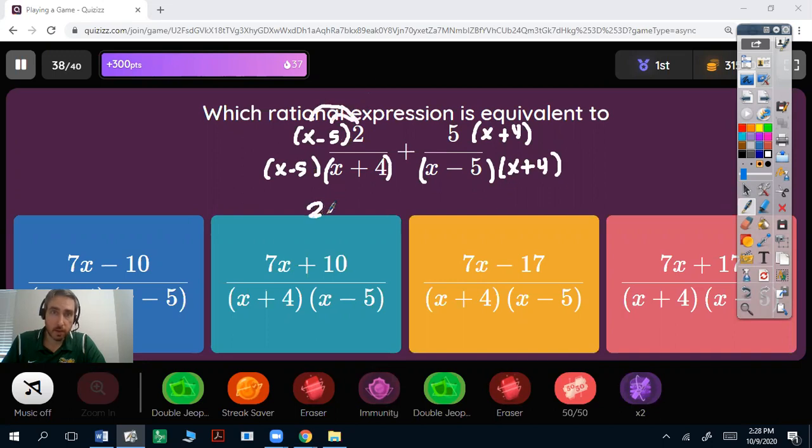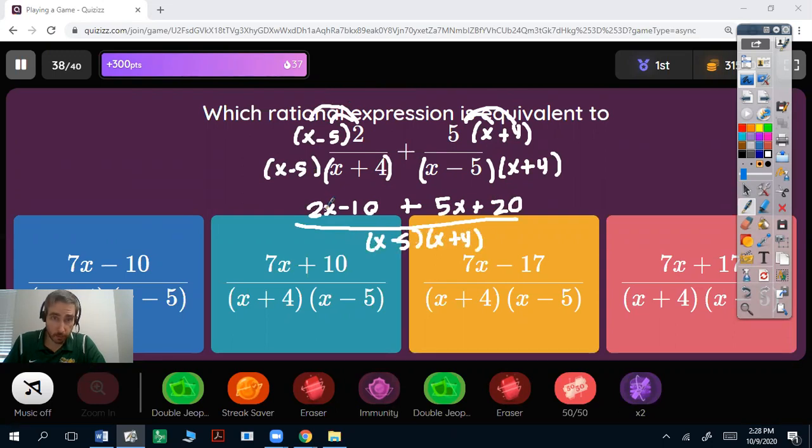So that's going to be 2x minus 10 plus 5x plus 20 over your denominator, which is x minus 5, x plus 4. So if you combine these, that's 5x and 2x, that's 7x. And negative 10 and 20 is 10. So 7x plus 10.